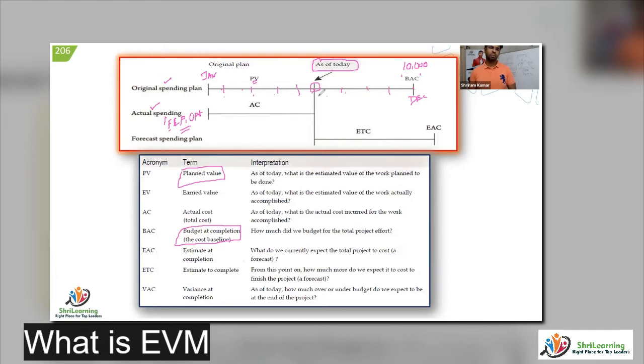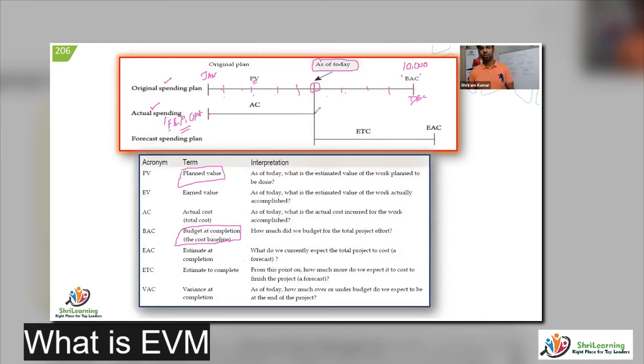Now your senior management comes to you and asks, Shriram, I know that you made a good plan of $10,000 worth, and I know you started the project by January end and work is going. I know today is August 23, 2023. Now, can you tell me where your project is? If somebody asks me, I'll start looking at what happened so far from day one.